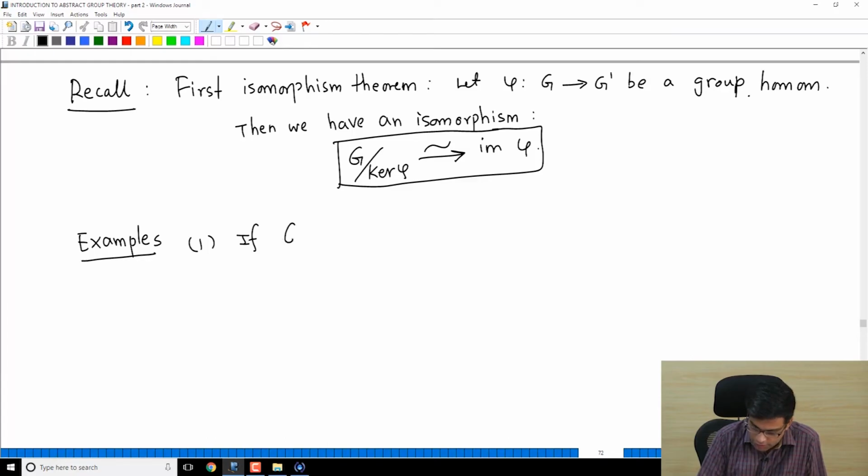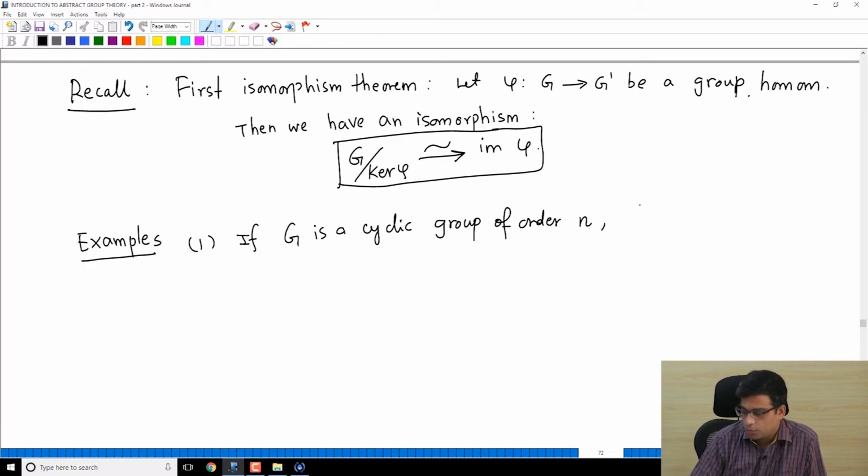We saw that if G is a cyclic group of order n, G is a cyclic group containing n elements, then G is isomorphic to Z mod nZ.